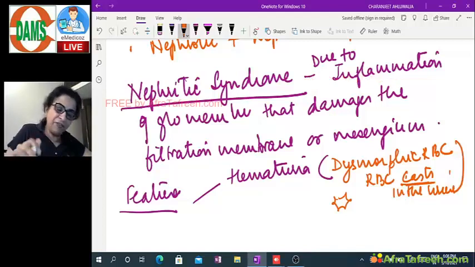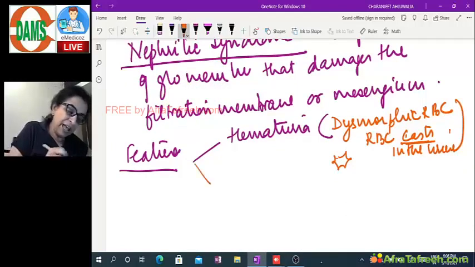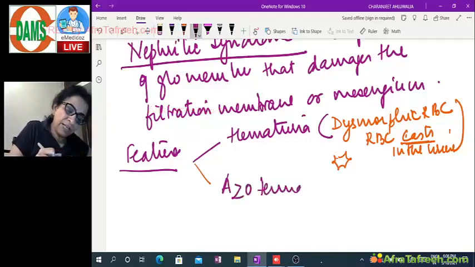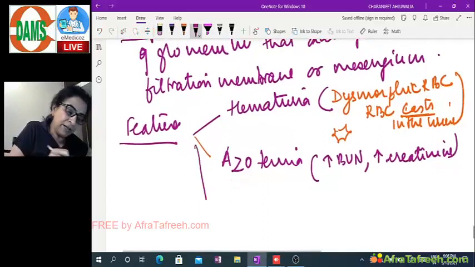So now features of nephritic syndrome are number 1, hematuria. So patient of nephritic syndrome has hematuria. There are dysmorphic RBCs and even RBC casts. Second, they have azotemia. What is azotemia? Increased BUN, increased creatinine. Third is oliguria.